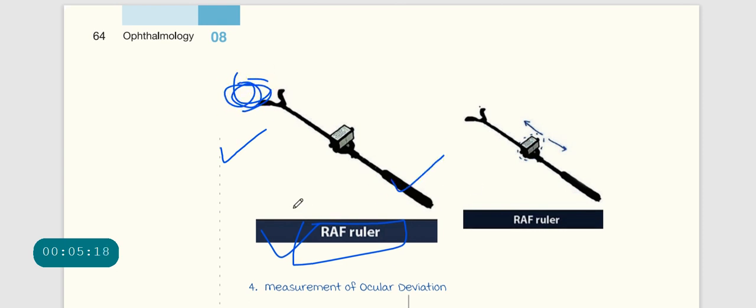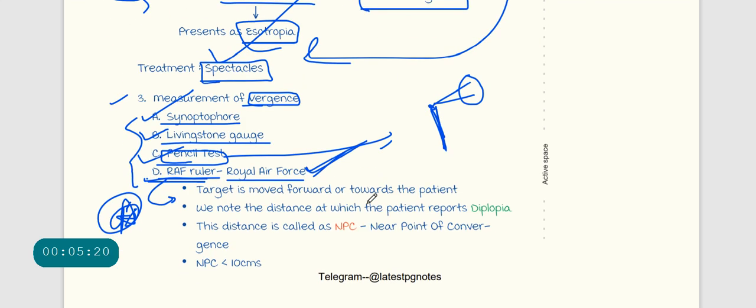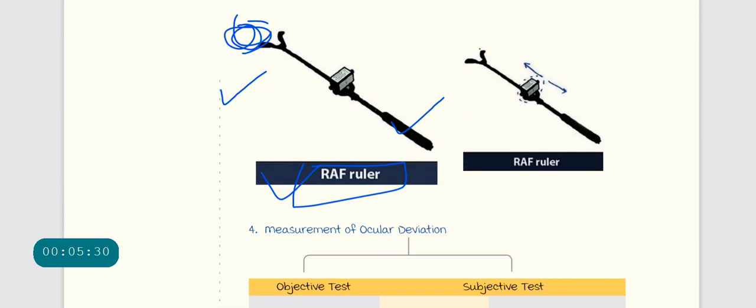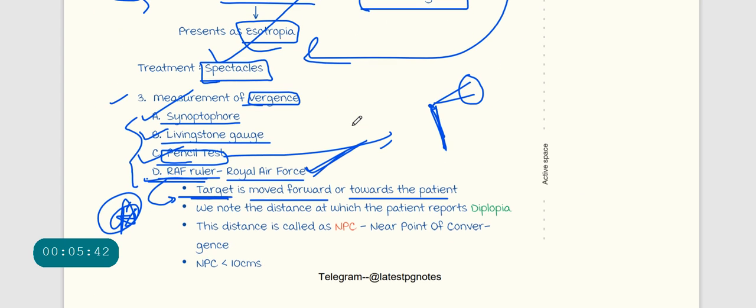The target is moved forward towards the patient. This is the target over here. It has something written on it, and it moves toward the patient. Then we note the distance at which the patient tells us that there is diplopia.